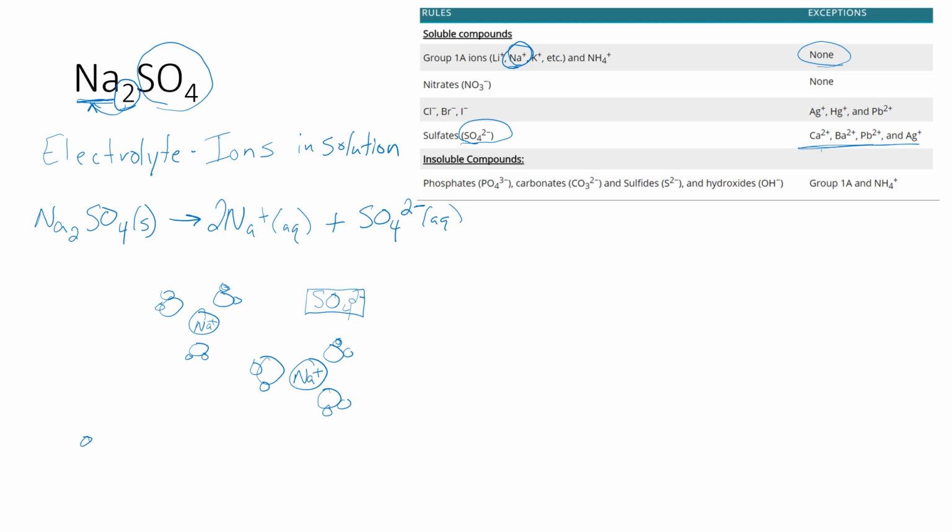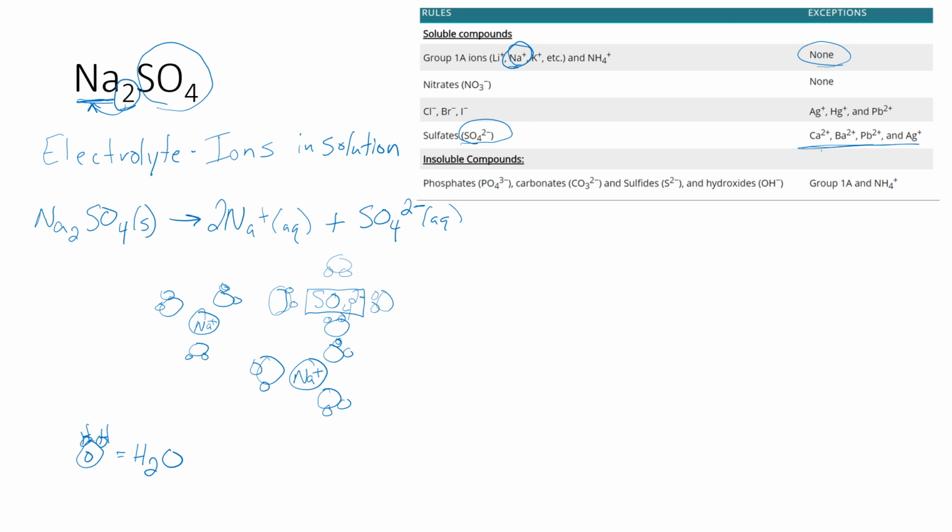I'm just going to draw a little key here so that I know that you understand what's going on. So 2 hydrogens, my 1 oxygen. Now, for the sulfate, because it's negatively charged, the positive hydrogens are going to orient themselves towards that negatively charged sulfate. And we have lots more water molecules than we do ions in the solution. I'm just going to draw a handful to get the idea across.